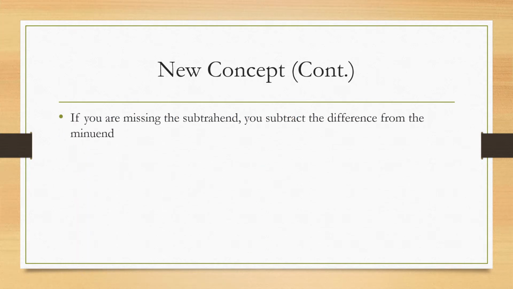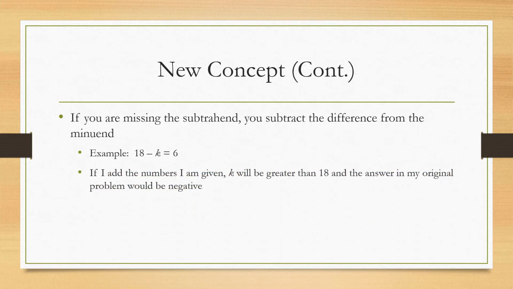Now if you're missing the subtrahend, or the middle number, then you need to subtract the difference from the minuend. Here's an example of that. We have k, the missing number. 18 minus k equals 6.